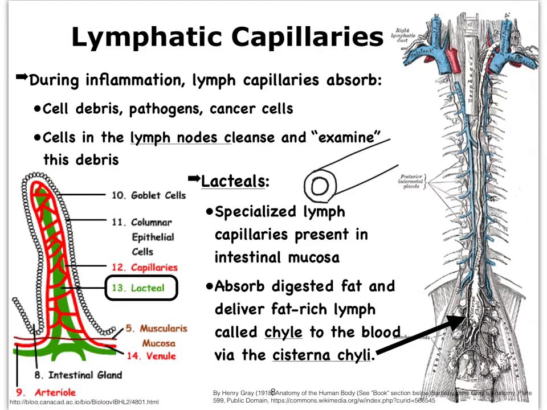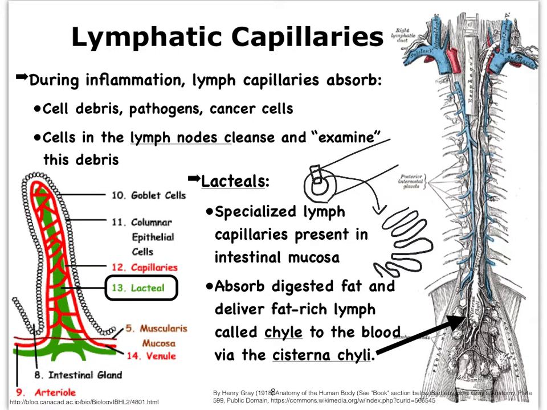Then if we blow up a small area right here of the small intestine and enlarge that, we would see that the inner lumen under the microscope is very convoluted. So this is under the microscope, and we would see that the lumen is very, very much like this.